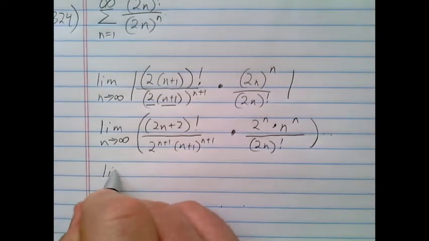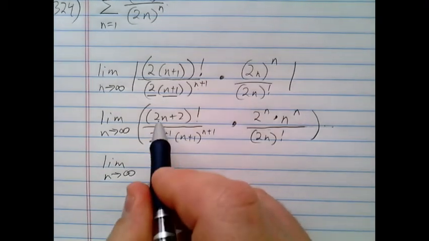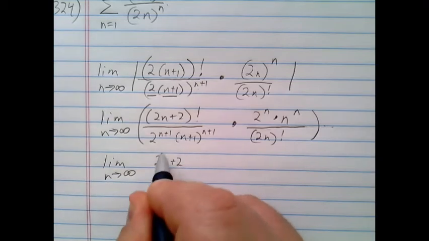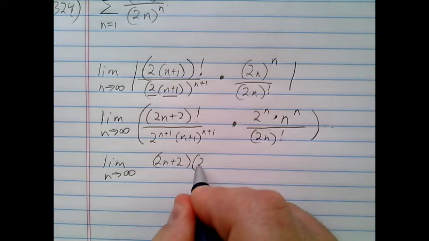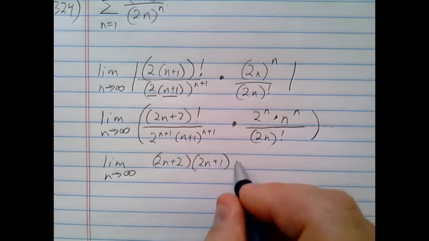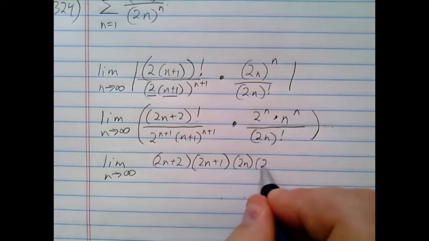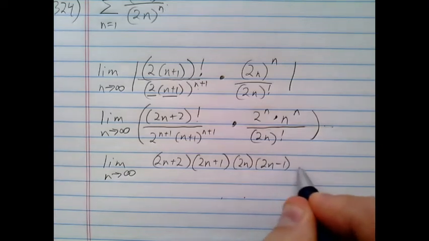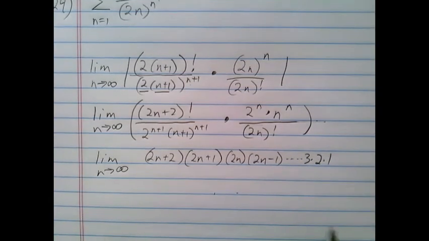Alright, so limit as n goes to infinity. Now 2n plus 2 factorial would be 2n plus 2 times 1 less than 2n plus 2, which is 2n plus 1, and then 1 less than that is 2n, and then 2n minus 1, and so on down to 3, 2, and 1.